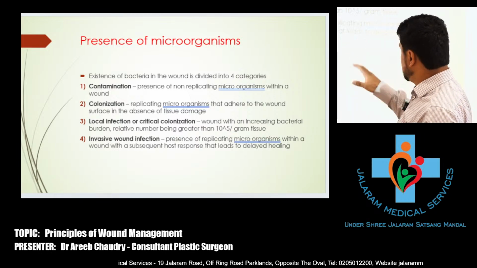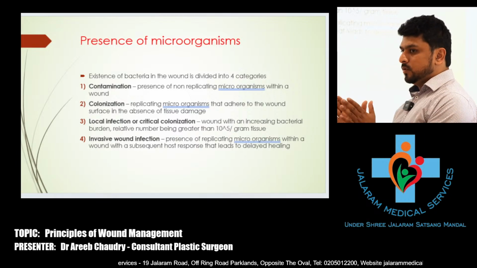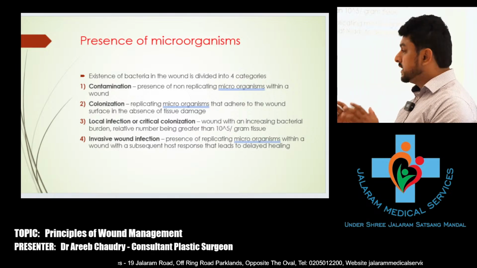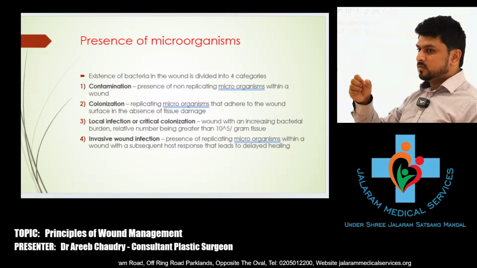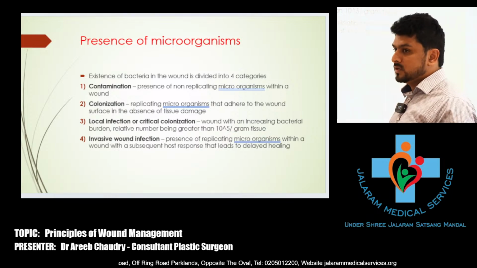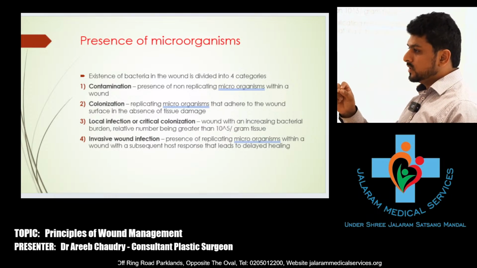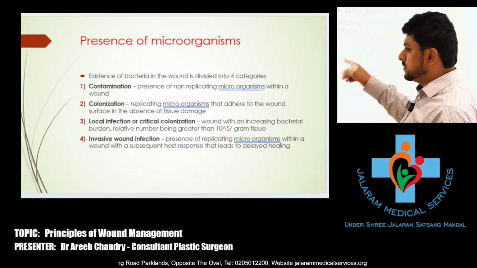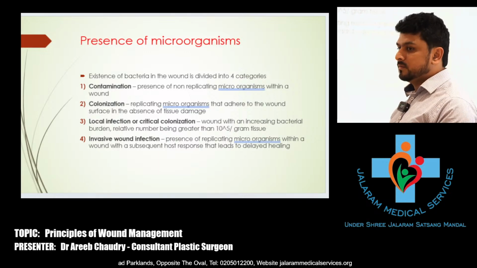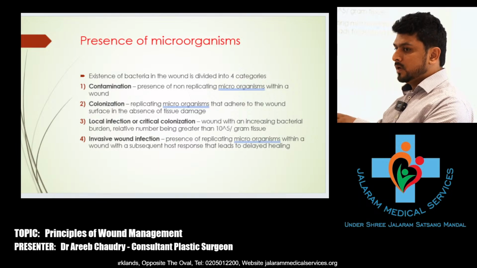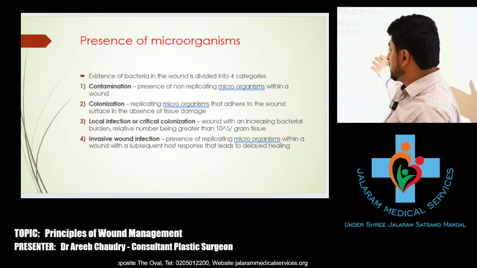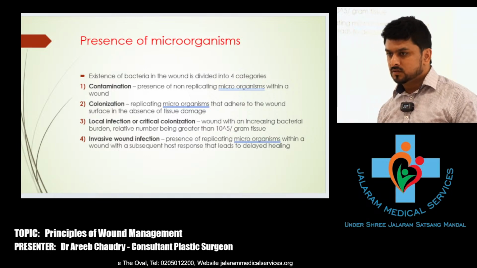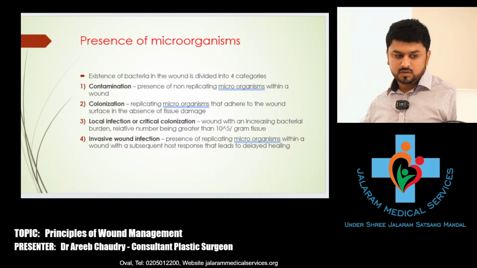In local infection, there is that critical point where the bugs are now replicating and getting to 10 to the power of 5. That is when you take a biopsy of the wound and measure the colonies. They have to be 10 to the power 5 and above to confirm that there is active microorganism infection in the wound. Invasive wound infection is when you have total damage of the wound. That's how it usually progresses.